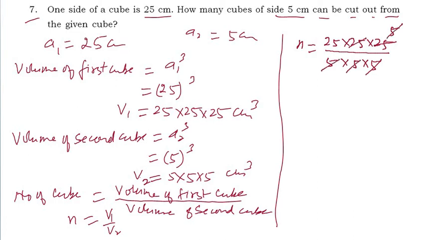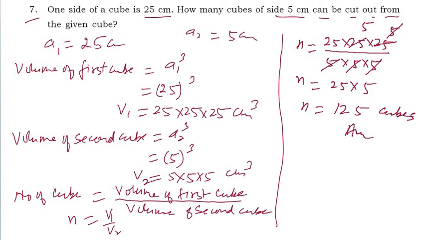Once again 5 1s are 5, and 5 5s are 25. So n is equal to 25 into 5. So n will be equal to 125 cubes, and that is your answer. So number of cubes is 125.